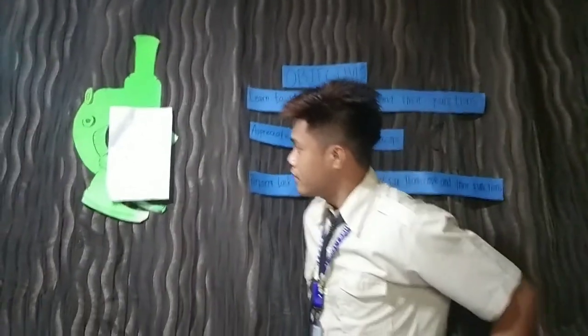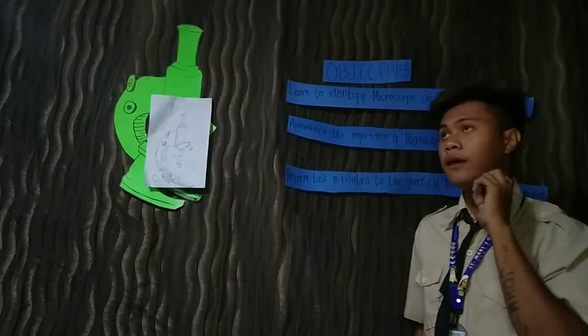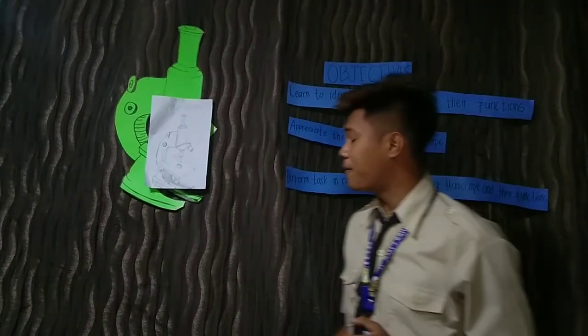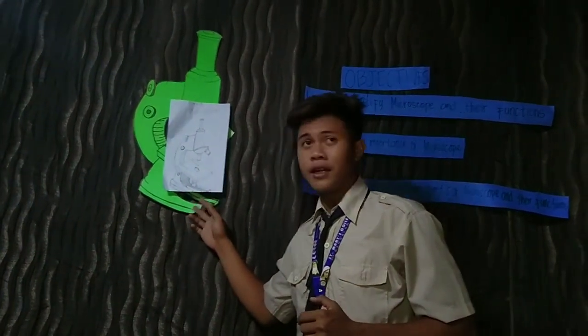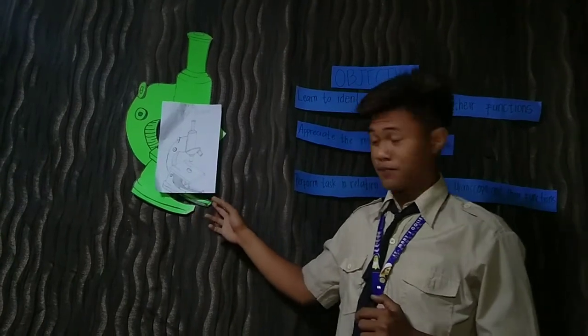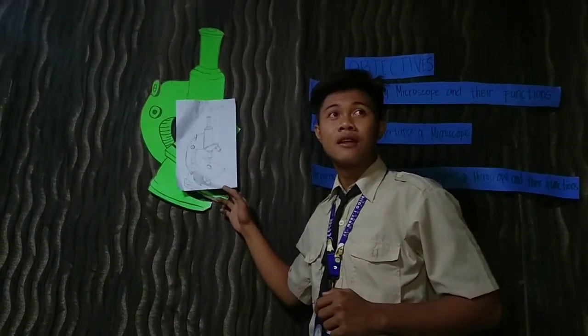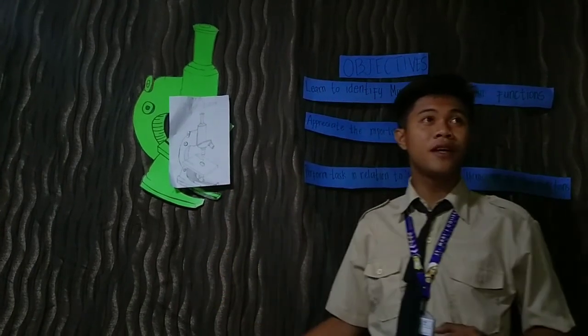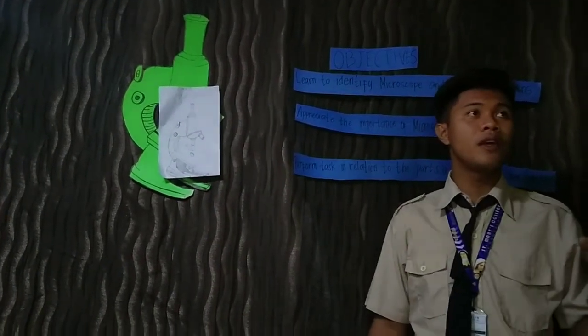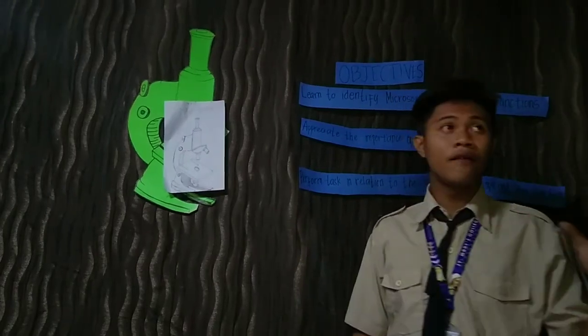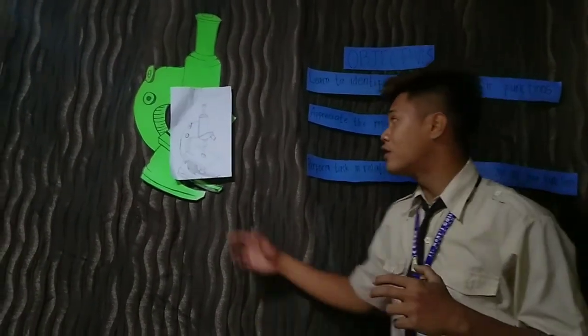Okay. So, on your one whole sheet of paper, you need to draw the microscope and label its parts and their functions. I will be giving you 10 minutes to answer because we have no time.